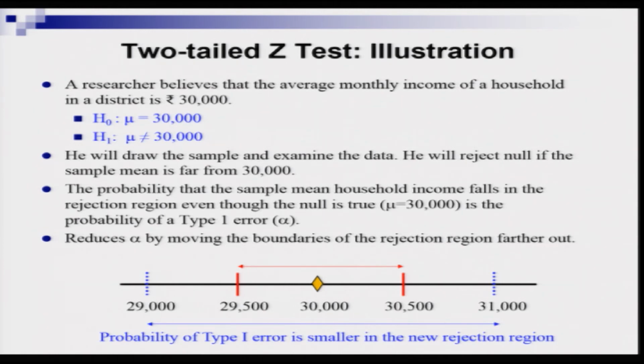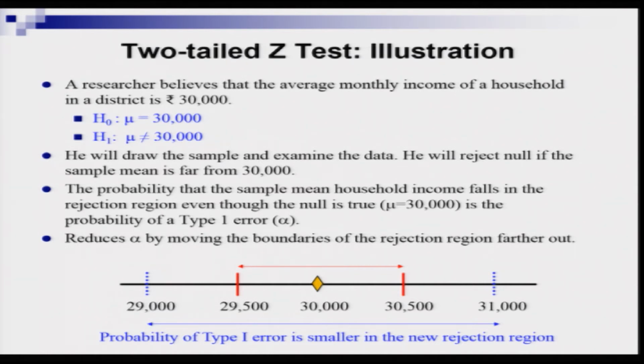So, the researcher can start by framing the null hypothesis, where he says that the mu, the unknown population parameter mean, is 30,000.